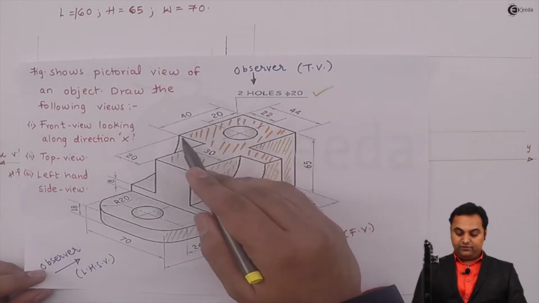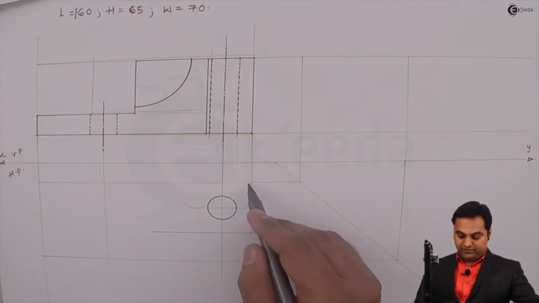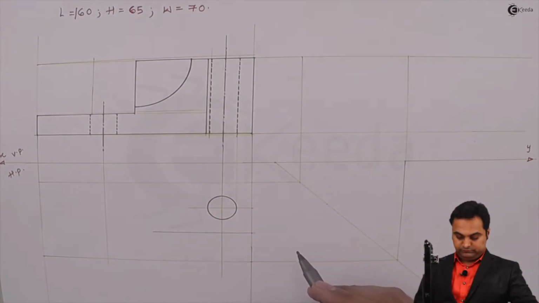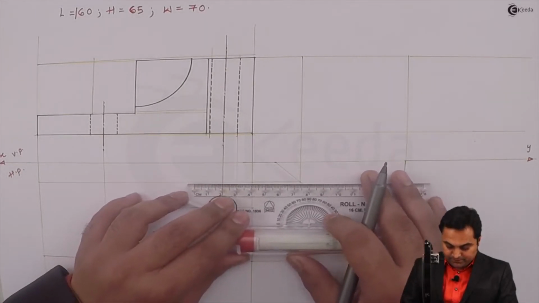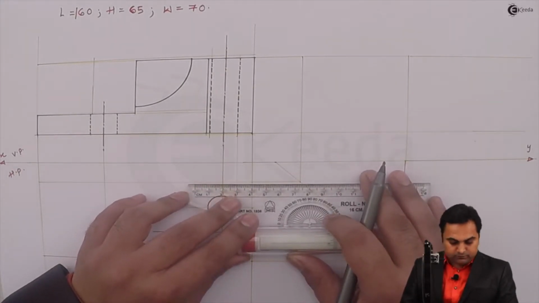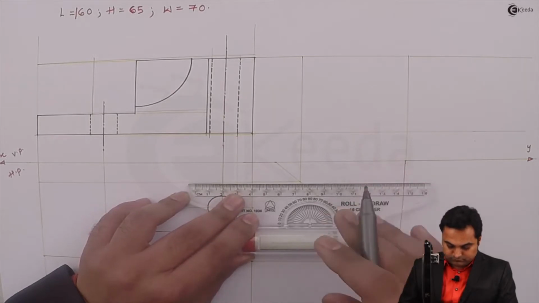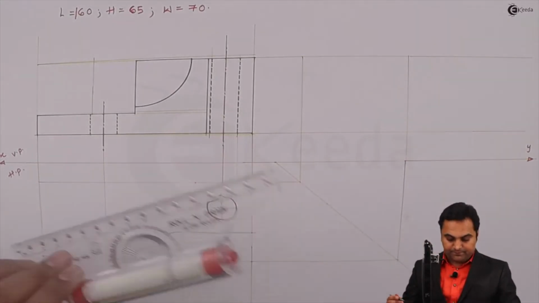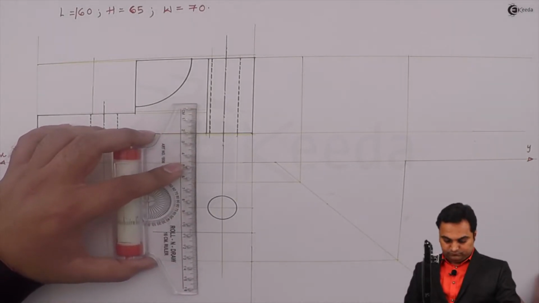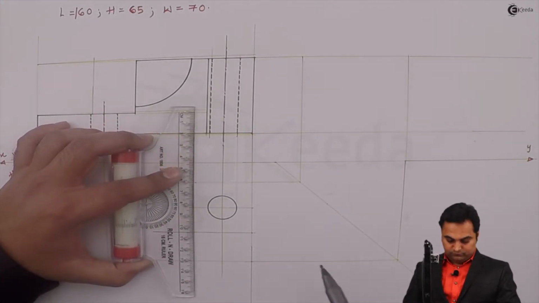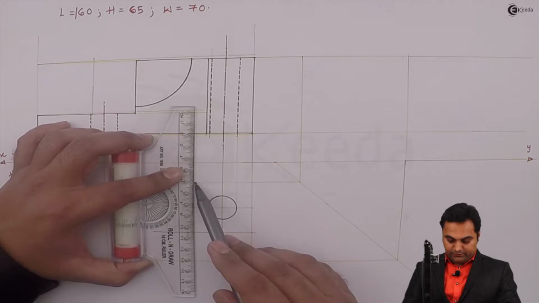Here it is having a length of 40 mm, so measuring 40 mm from here. It is the length 40, not the width, so measuring 40 mm. Drawing a light vertical line through it.